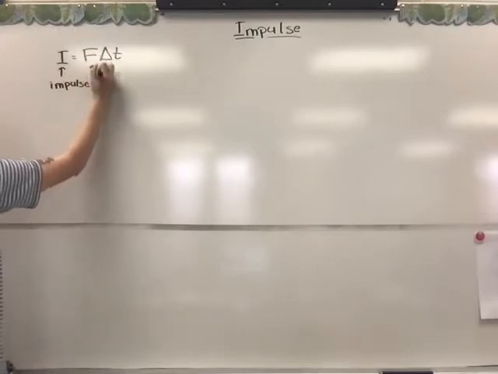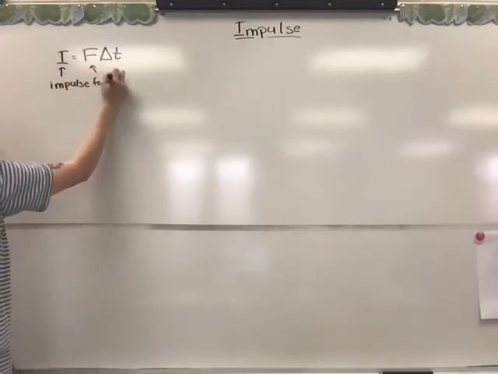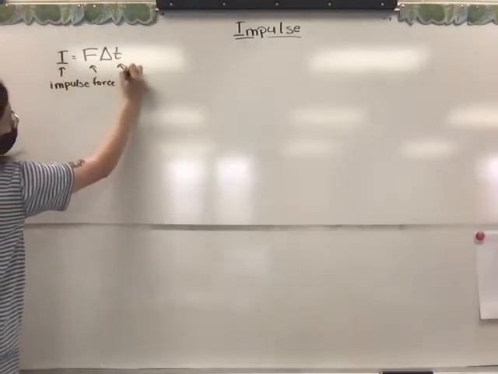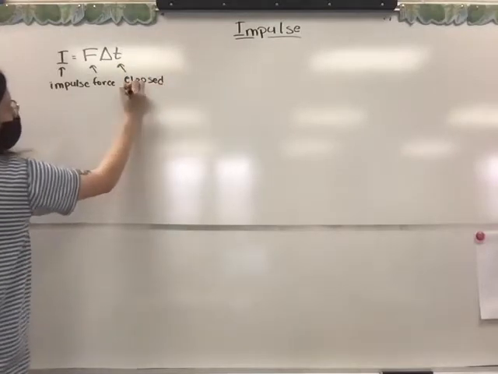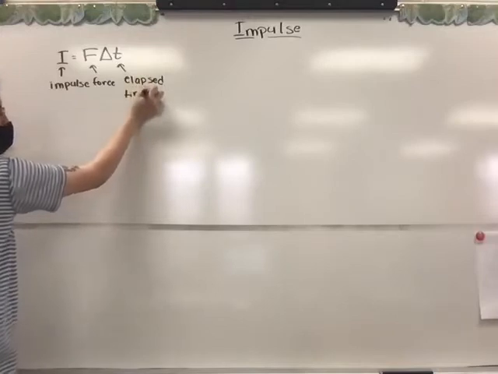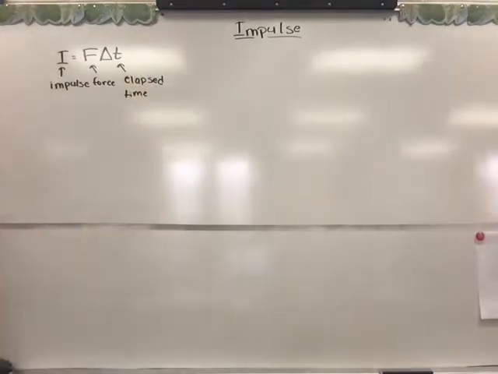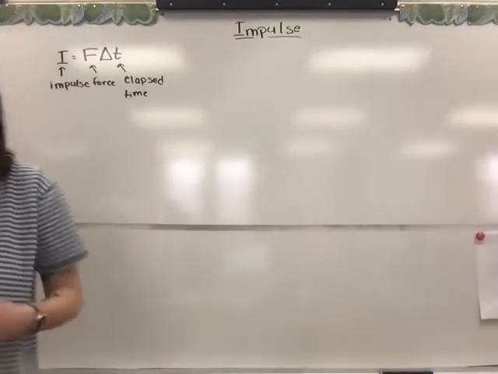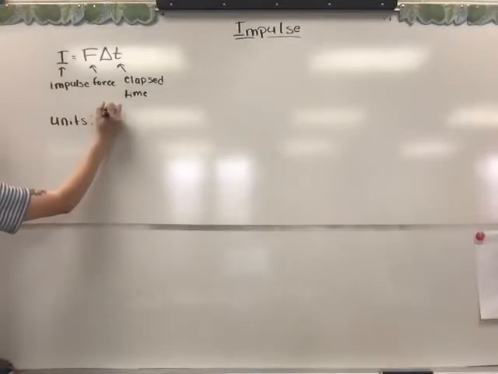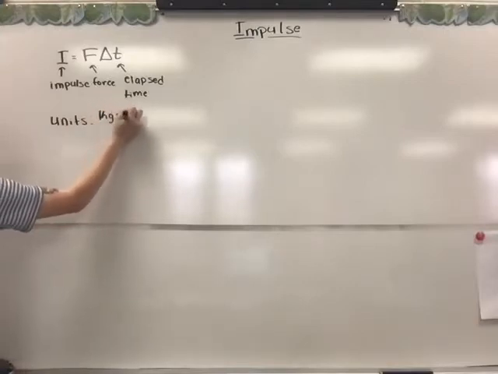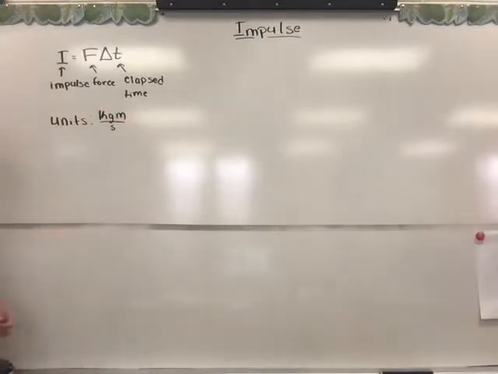Impulse, force, elapsed time. Its units are the same as momentum. So you don't get to escape the kilogram meters per second. We're going to keep them for impulse, okay?